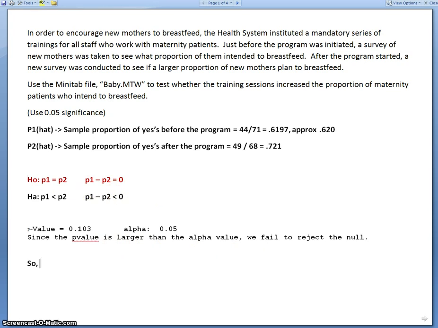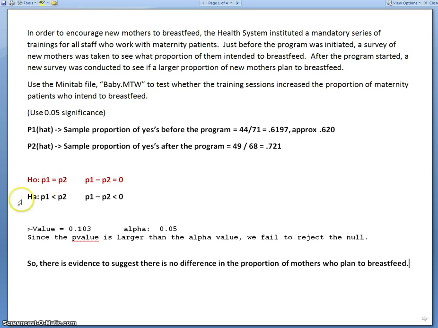So there is evidence to suggest there is no difference in the proportion of mothers who plan to breastfeed. So did the training sessions help? Well, according to these samples, it didn't look like the training sessions had any effect, or there's no evidence to suggest they did.